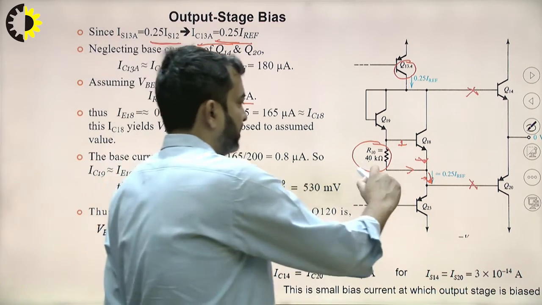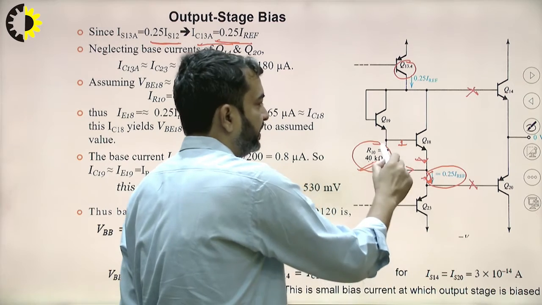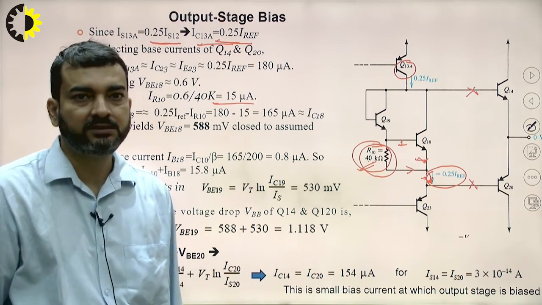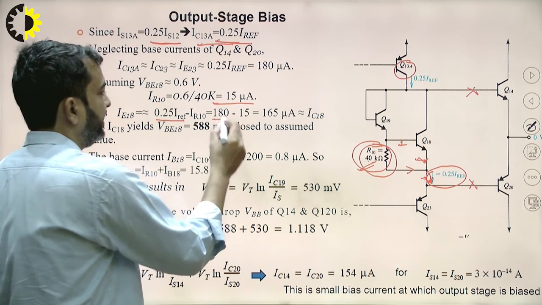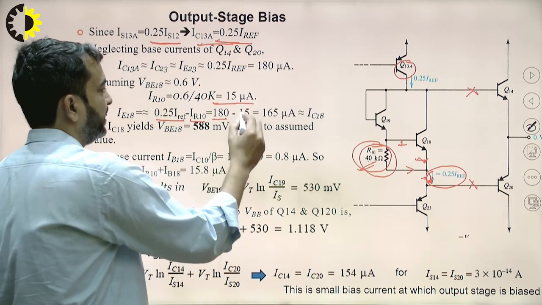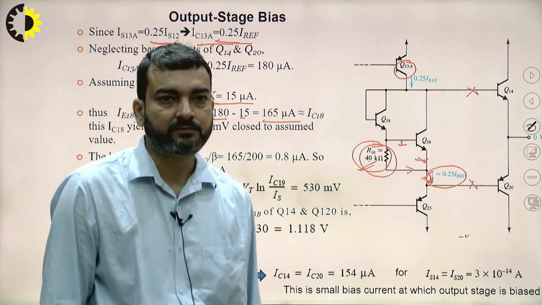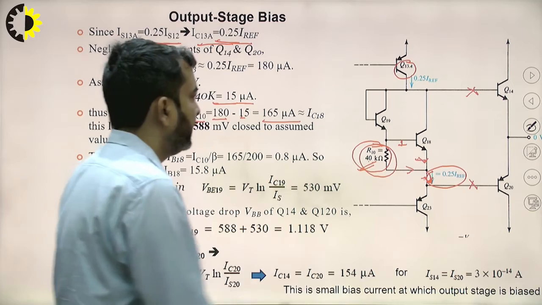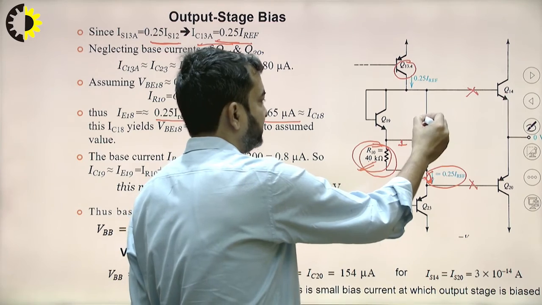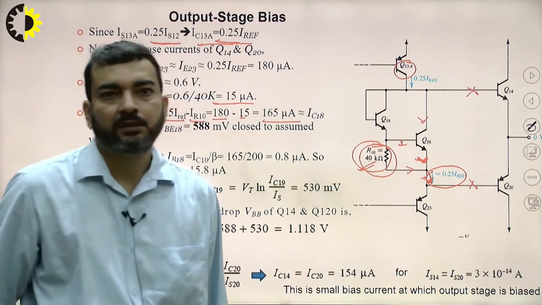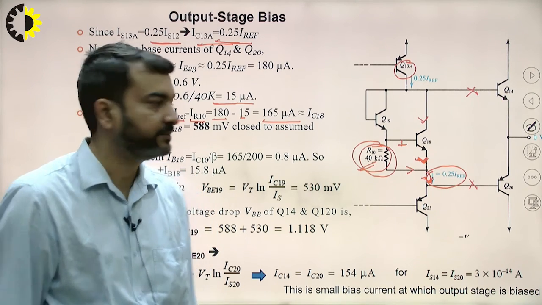So the emitter current of this transistor will be the total current minus the current flowing through the resistance. The total current is 180 microampere and IR10 is 15, so this will come as 165 microampere. Since we have calculated the emitter current, the same current will be available in the collector of transistor Q18, assuming the high beta case.